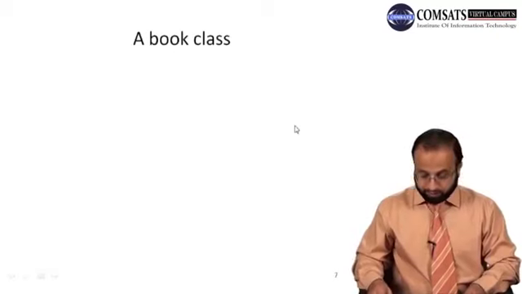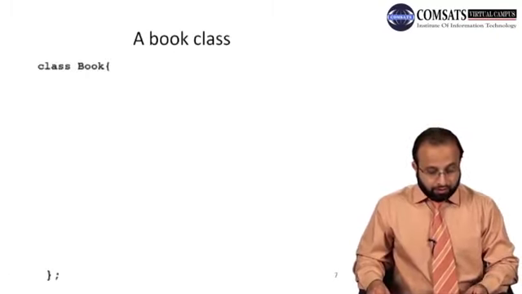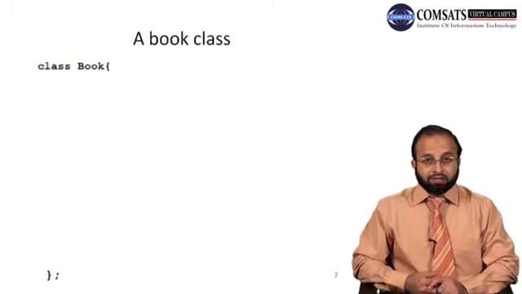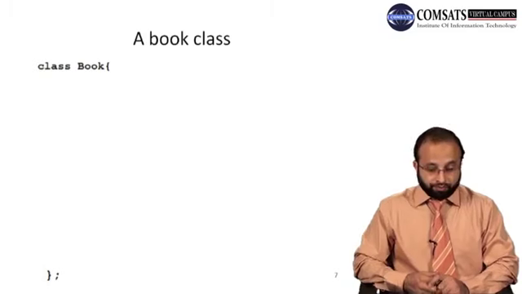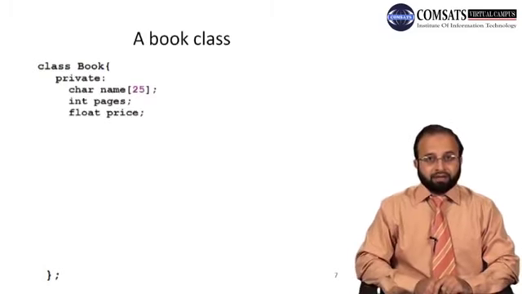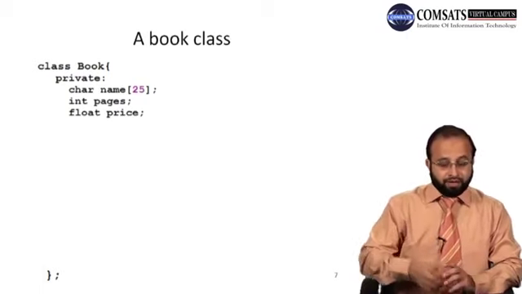Okay, now let's look at the book class, a simple book class. We use the keyword class, and then the name of the class is Book with capital B. So we have some private data members in the class, and these are the attributes of any book.